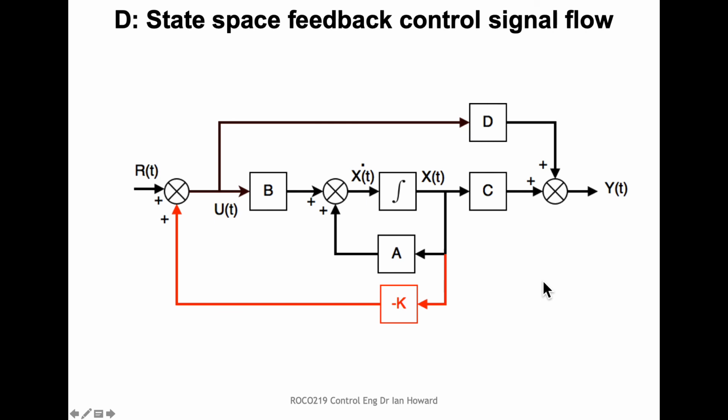Now, in the case of state feedback control, the u coming in here at the beginning actually is going to be the minus Kx. So what we do is we tap off the x here, and we multiply it by minus K, and then we add it to the input here. The reference here could be 0, right? In fact, let's say it's 0, and then we've just got u equals minus Kx going in here. And that's basically the drawing explained.